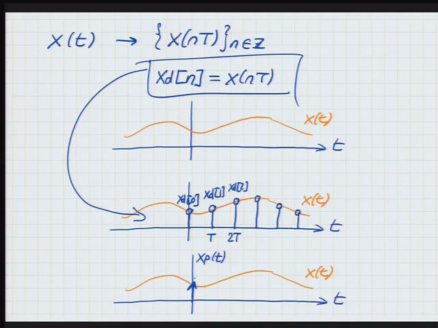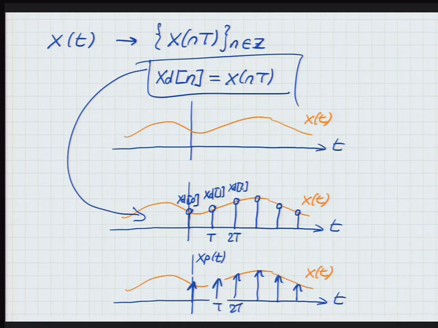Of course the actual value is infinity, but it's not a unit delta, it's x_d[0] times a unit delta, right? And then you get another impulse. Okay, so it looks like that. Again, T, 2T, etc. So this is our x_p(t).